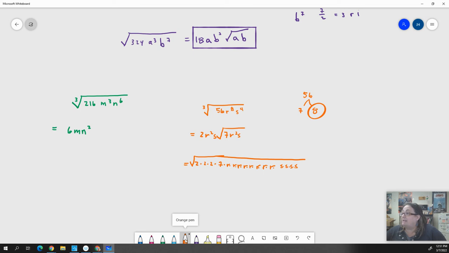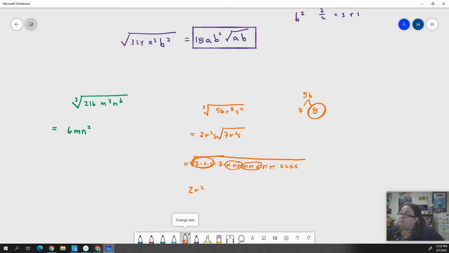S to the 4th means that I have 4 s's multiplied together. R to the 8th means that I have 8 r's multiplied together. Right? We broke that down to its basest thing. And every time I have 3 of something, I can pull it out. Right? 7, I only have 1 of those, but here I have 3 r's, so I can pull out an r. Oops, I have another set of 3 r's, so we'll call that r squared.